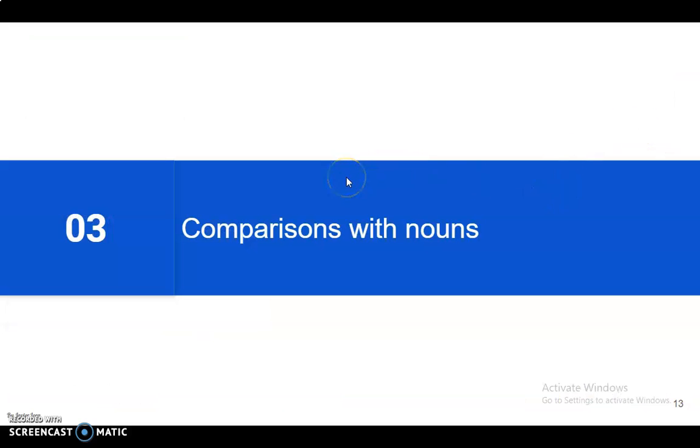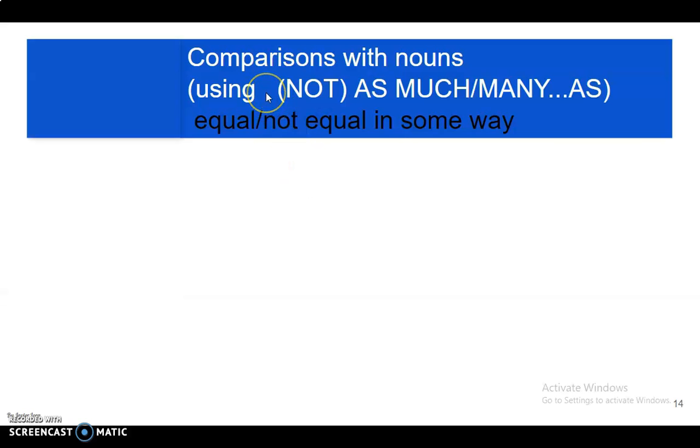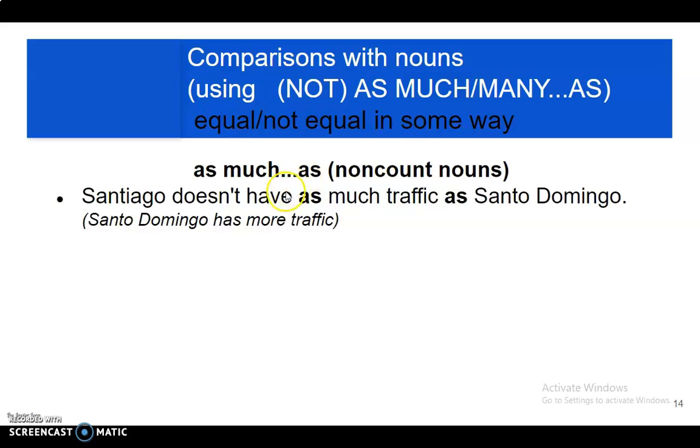Now it's time to talk about comparisons with nouns. You can compare with nouns. In this case, we will be using not as much as, or not as many as, or as much as and as many as, meaning again equal or not equal in some way.